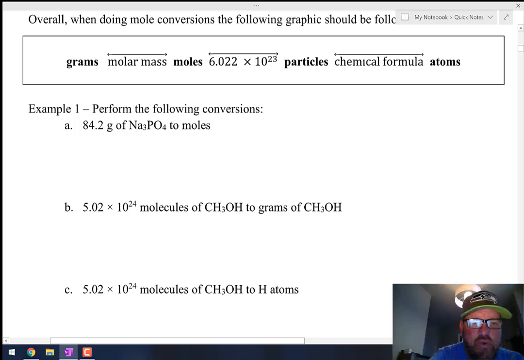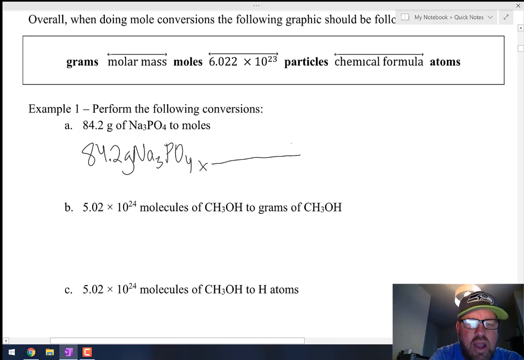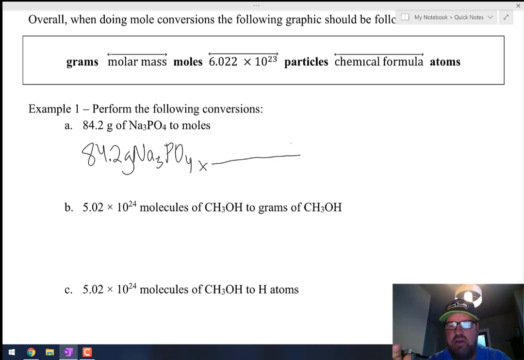So if we have 84.2 grams of sodium phosphate, Na3PO4. And guys, whenever I do an example, I do it exactly like I would do it on the AP test. I'm going to get my calculator out, and obviously I'm using my phone here, but on the AP test you're going to use a real calculator. The molar mass of sodium is 23.